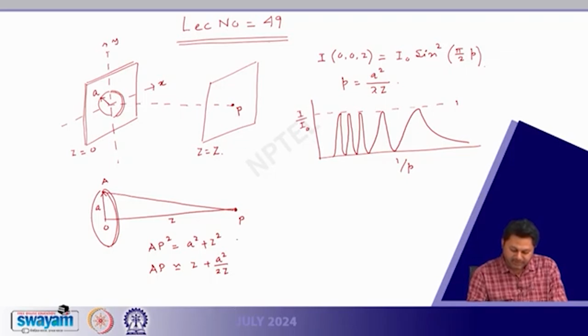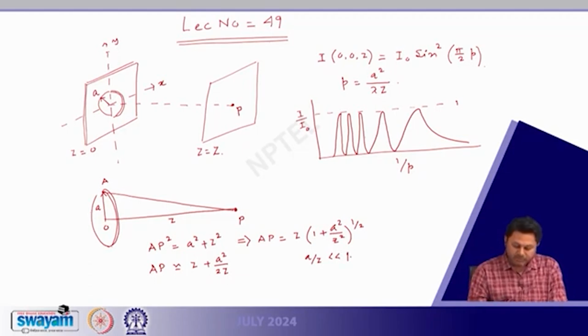From here we can write AP is equal to Z times 1 plus A square by Z square, whole to the power half, and then we make an expansion of this under the condition that A divided by Z is much less than 1.